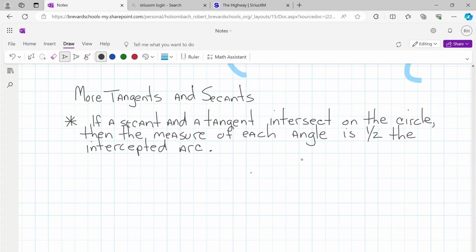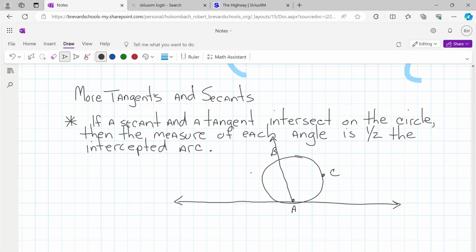So if we've got a circle here and a tangent, and then a secant, we've got point A right here, B, and we're going to put point C on the circle.